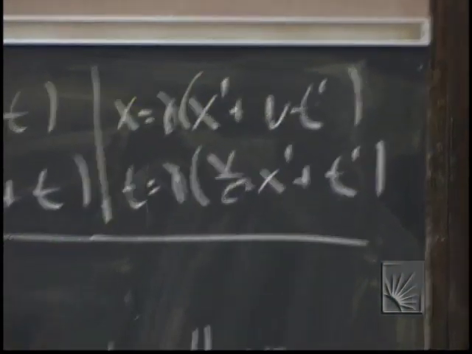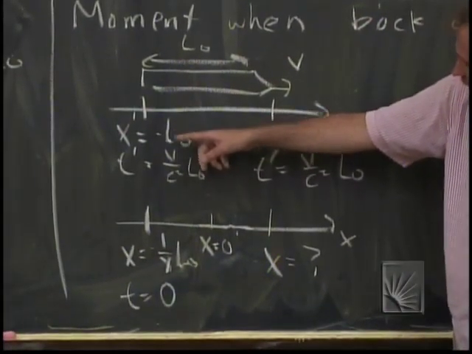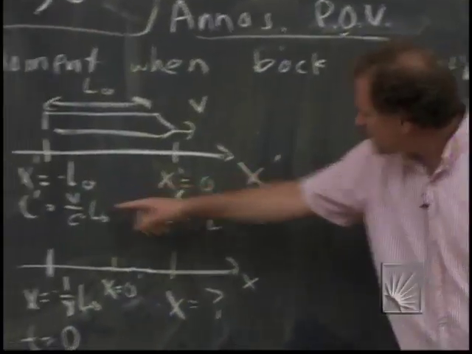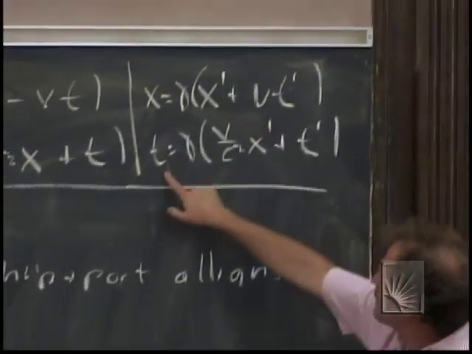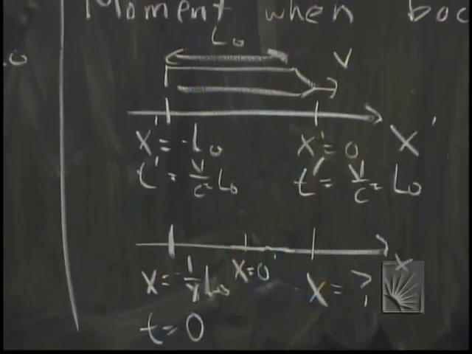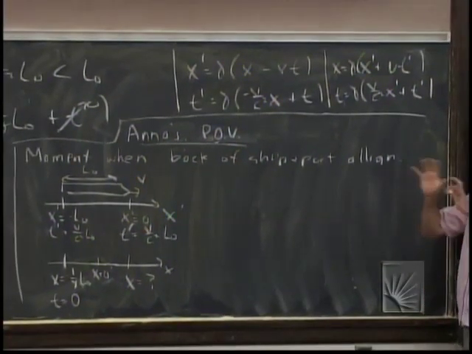I started with x prime being some number. Now it was negative, but in fact, if you plug that x prime and that t prime into this equation, you'll find that t equals 0, right? Because x prime is L0 with a negative sign, and t prime is v over c squared L0. And there was a v over c squared there. Okay, so this all works out by construction.